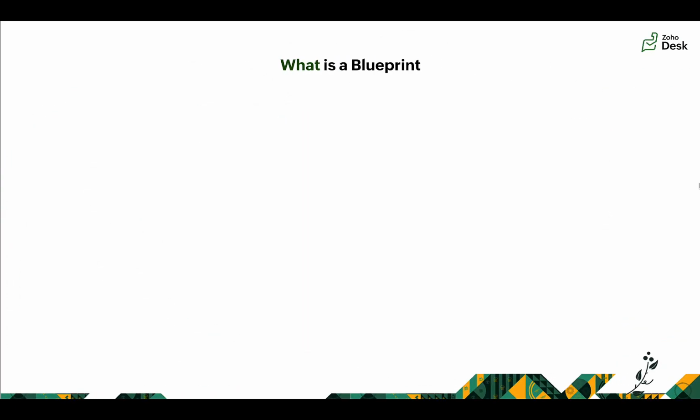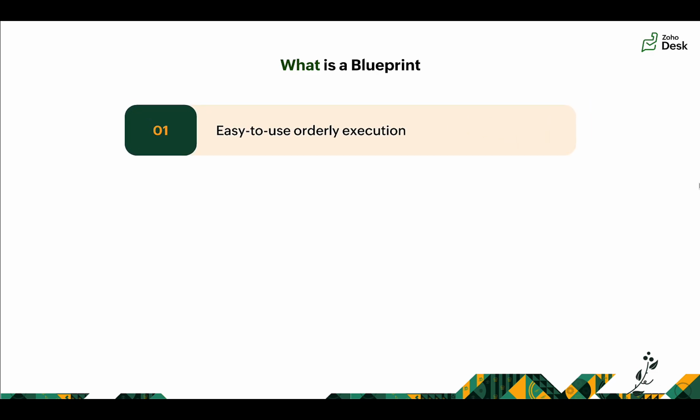What is a blueprint? Blueprint is a process management tool that simplifies and sets guidelines for the ticket resolution process. It helps to clearly define each step in a process, ensuring that tasks follow a logical order and the steps are not skipped. For example, consider a food ordering process.